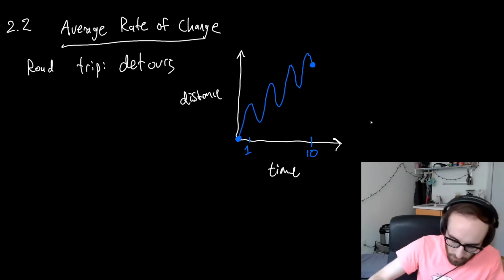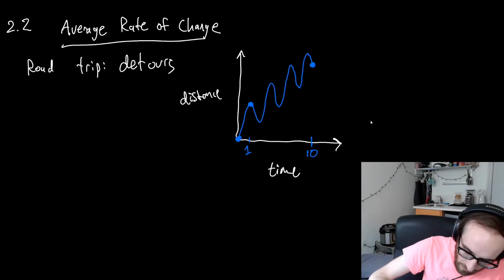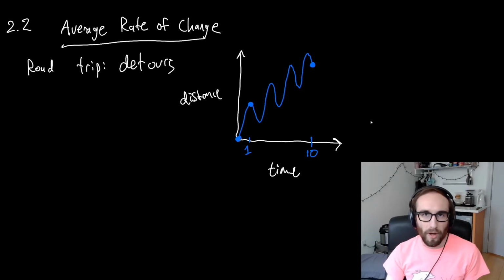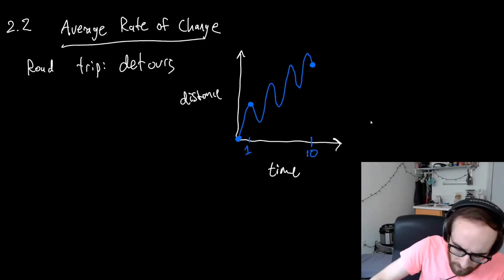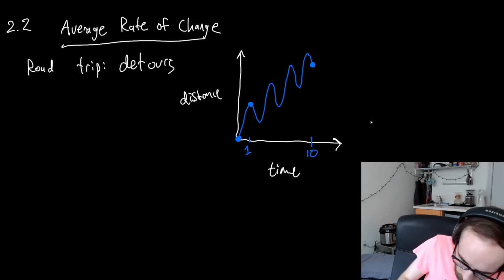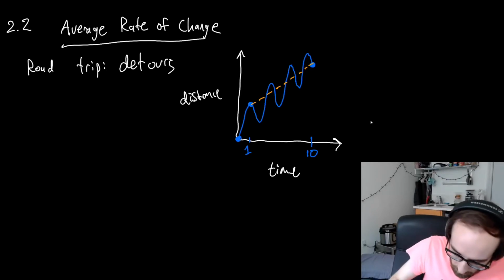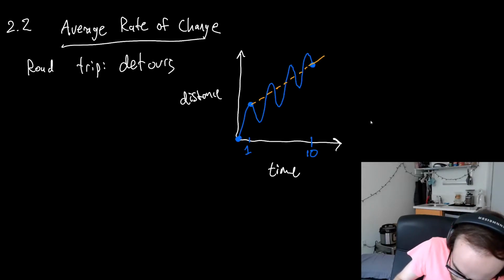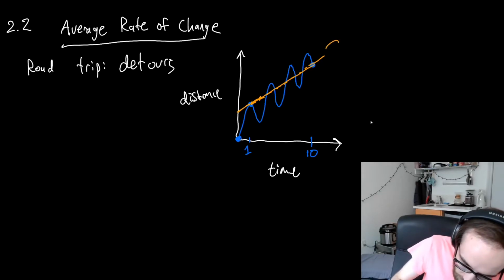You know it took 10 minutes total, but at 1 minute, what distance did you travel in that time? So to find this average rate of change, what we're looking for is the slope of the line that passes through these 2 points. So we have our orange line here passing through our 2 points.